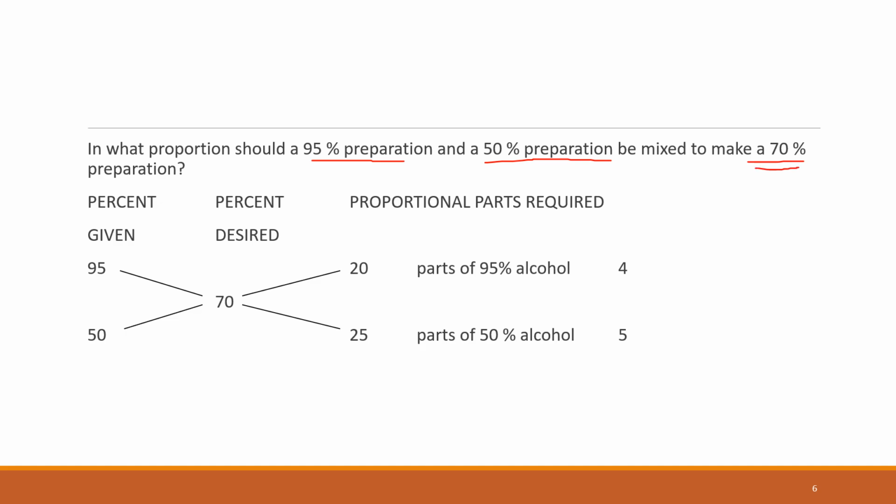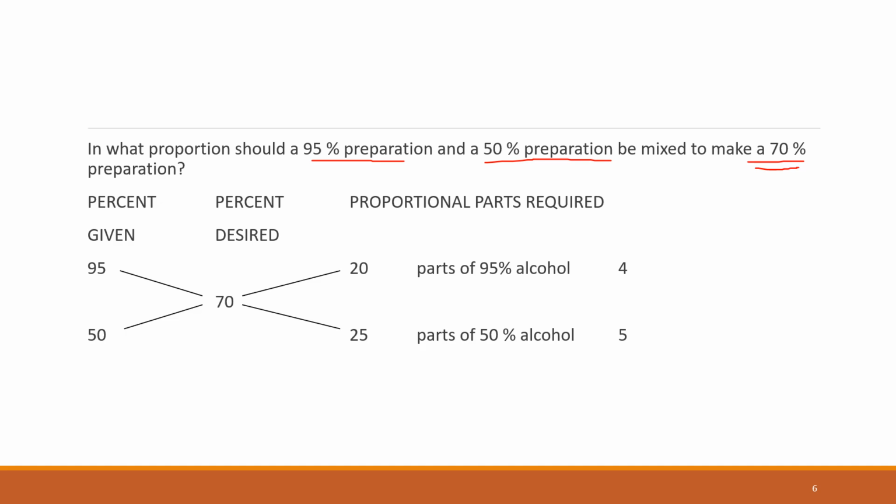This question states that there is a first preparation and a second preparation: the first preparation is 95% and the second is 50%. How much do they need to add from the 95% and how much from the 50% to make a compound with 70%?